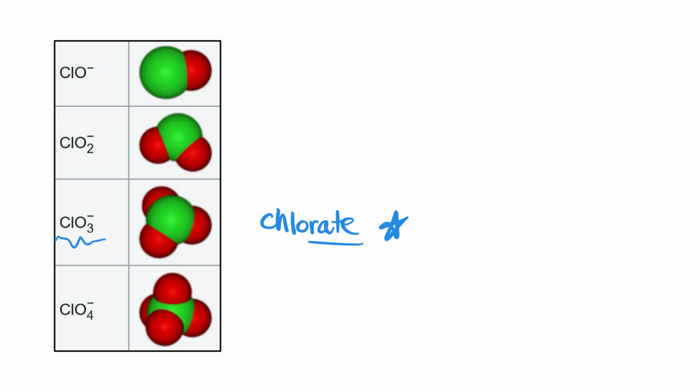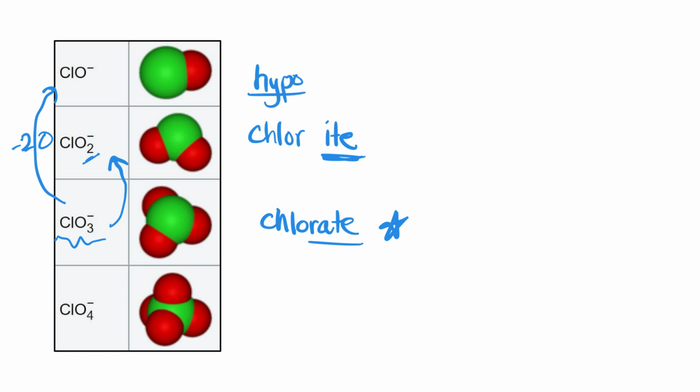So if you have one less oxygen, going from ClO3 to ClO2, the naming changes by the ending changing to ite. So instead of chlorate, this becomes chlorite. If you go two less oxygens from the typical polyatomic ion, the naming gets a hypo in the front, and then it gets an ite on the end.